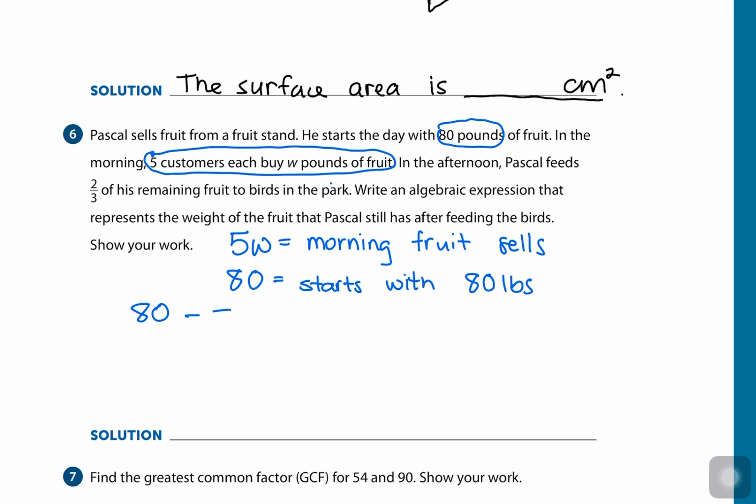It's decreasing. 5 times W in the morning, that tells us how much we have left before feeding it to the birds. After morning sale.